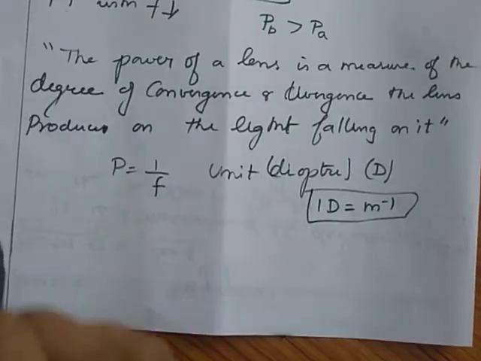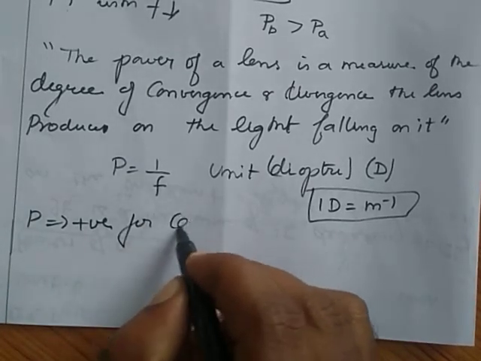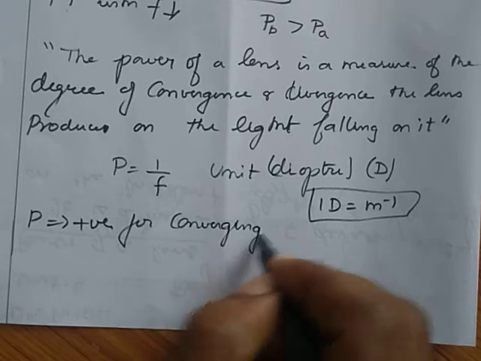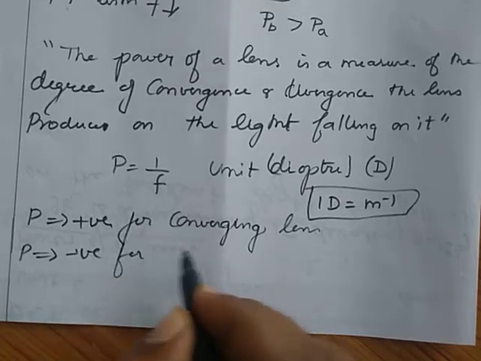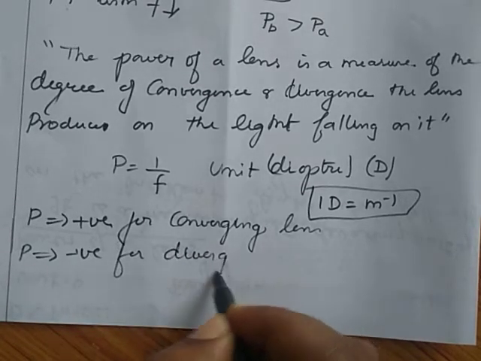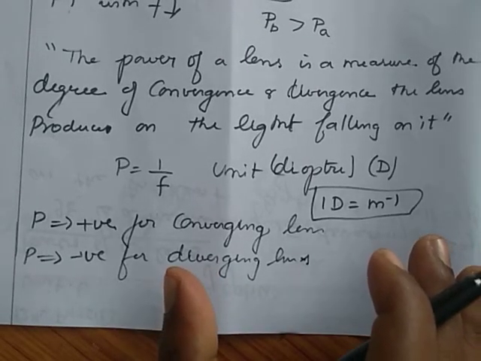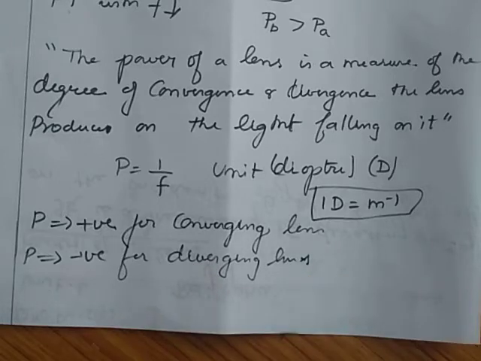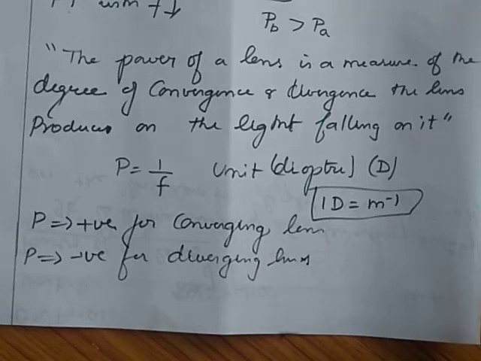Power of lens will be positive for a converging lens, biconvex lens, and power of lens will be negative for a diverging lens.